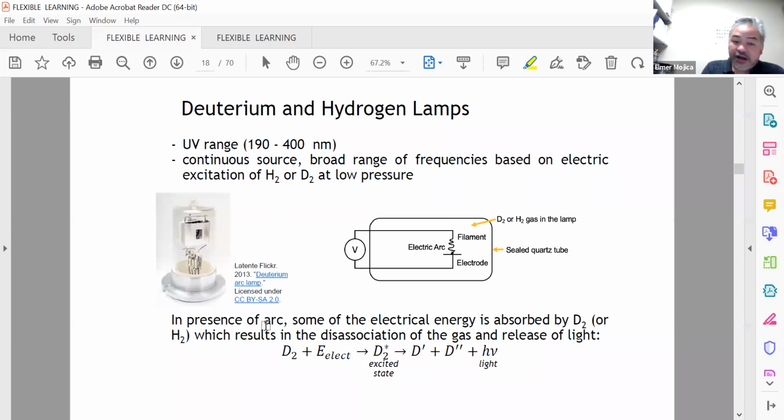In the presence of the arc lamp, some of the electrical energy is absorbed by the deuterium, or in some cases the hydrogen, which results in the dissociation of the gas and the release of light. So you have deuterium and then energy, you excite the electron, and a source of light comes out of this.